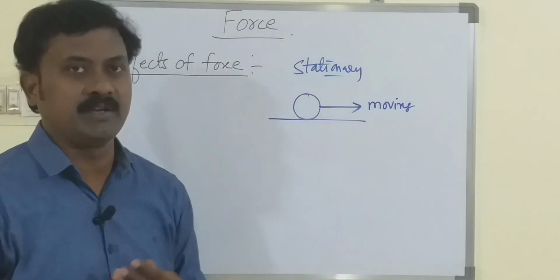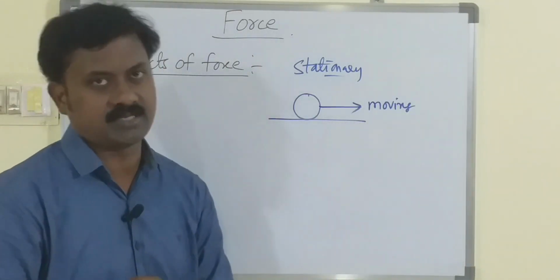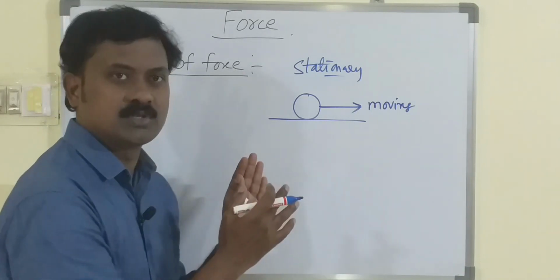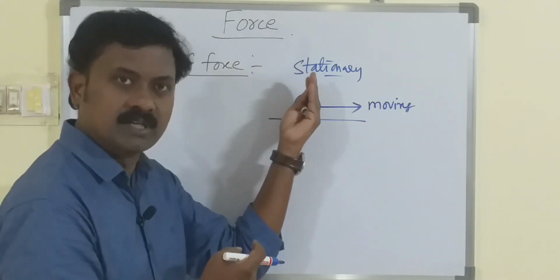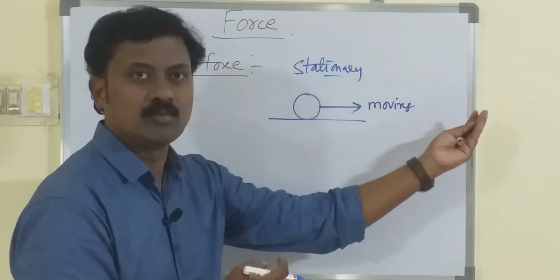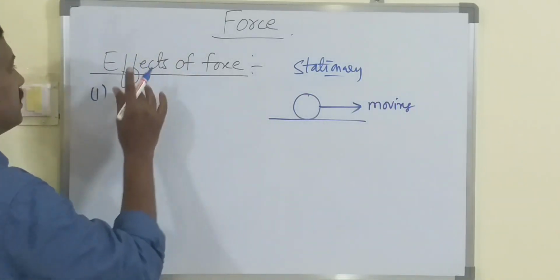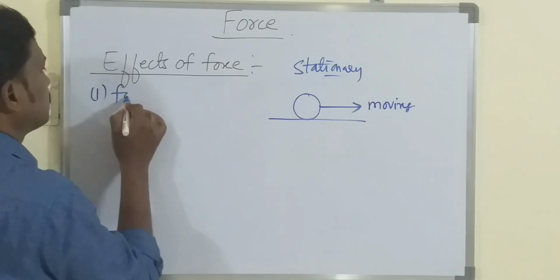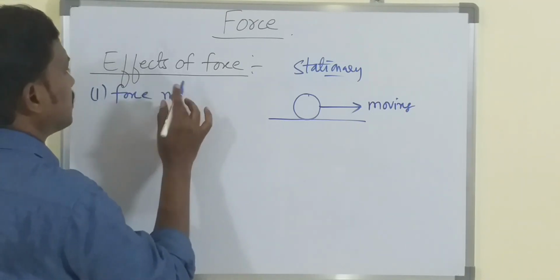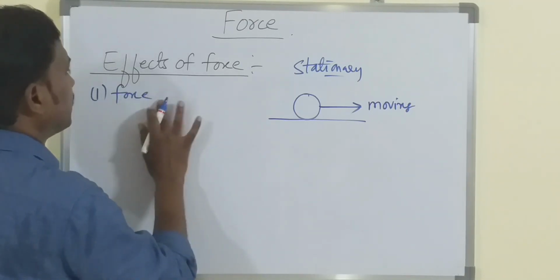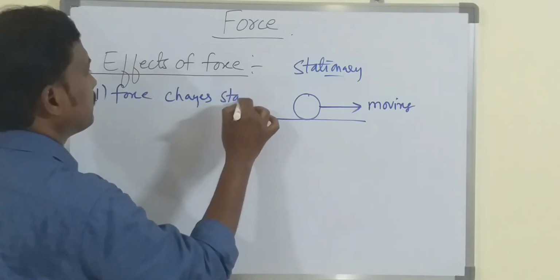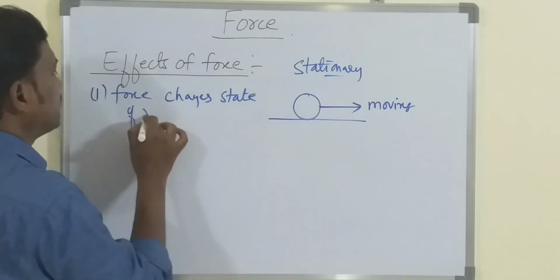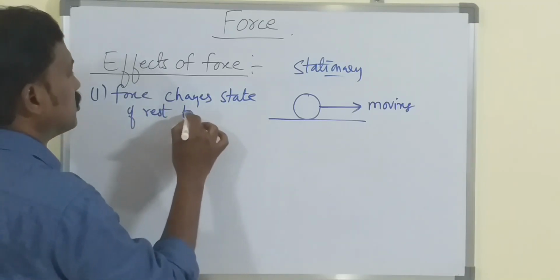If you don't apply any force, then the ball will remain stationary. So here, what is that force doing? It is making the ball move from a state of rest, or stationary, to motion. So we can say the force changes the state of rest to motion.